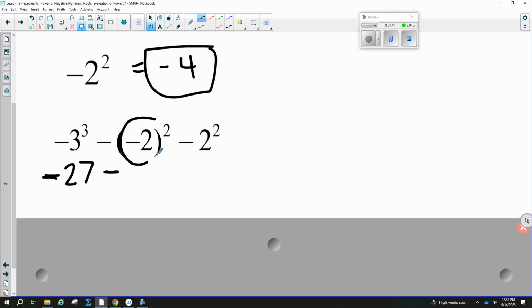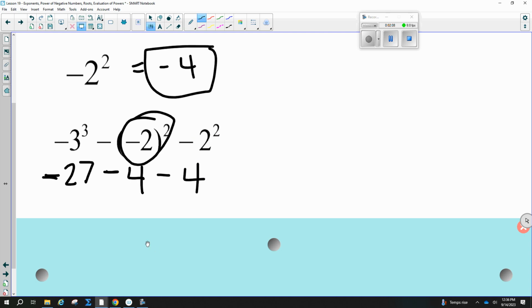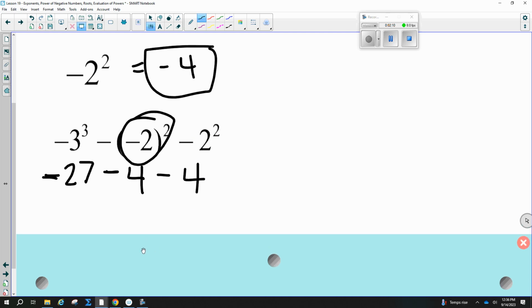Now, you do not make this positive. Exponents go first, okay? So don't cross those out like we would if there was no exponent, okay? (-2) squared is what? +4 when we have the parentheses, and then this negative just stays in front. All right, and then this 2 squared is 4, and the negative stays in front, so it's -4. So that would be -35, all on team negative, add to make a bigger negative. Okay.